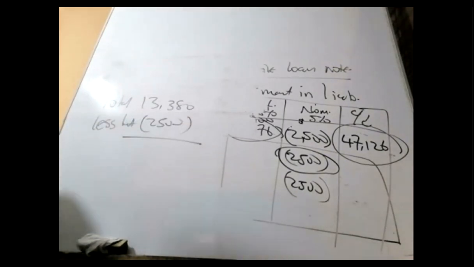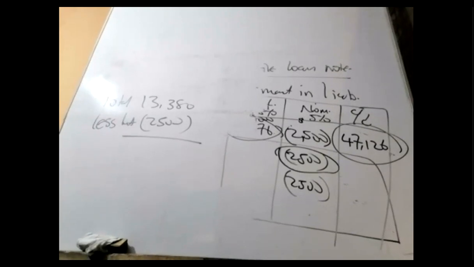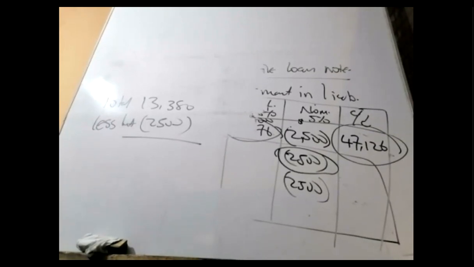So therefore, what is the total dividend paid? If you take 2,500 from 13,380.